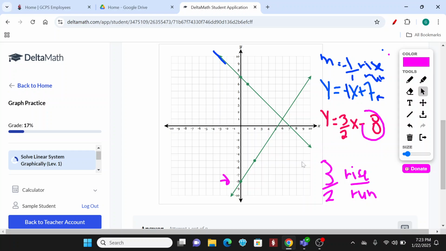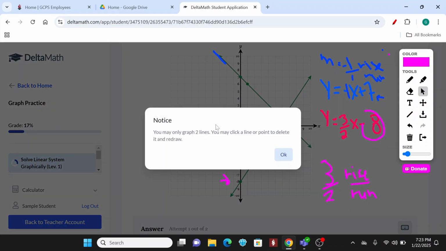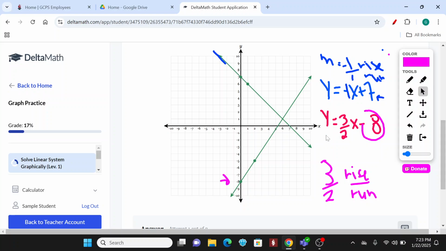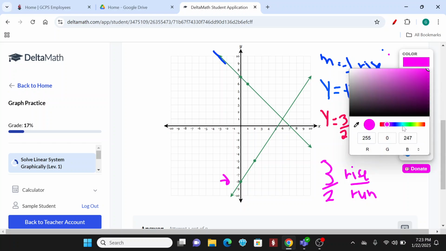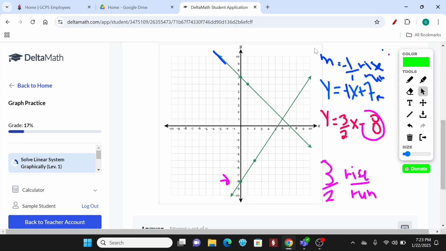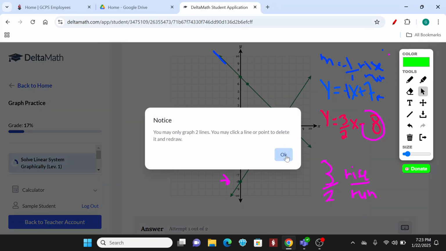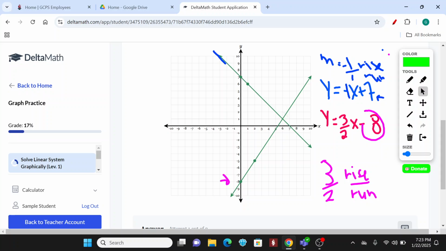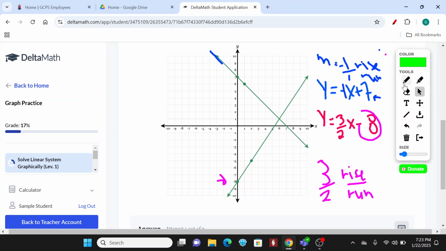Perfect. So now that we've graphed these two lines, now we've been using substitution and elimination to find the solution. However, there's another way we can find the solution, and that's by graphing. So at this point of intersection here, where our two lines meet, that is our solution.